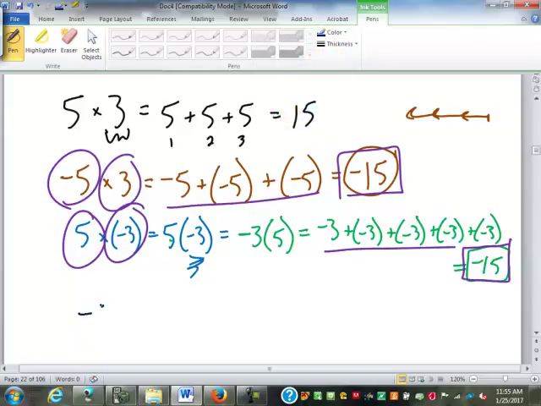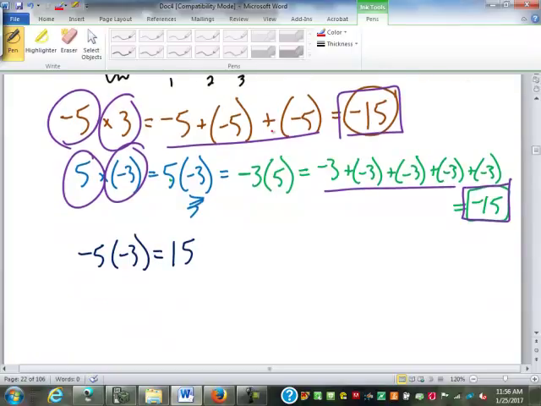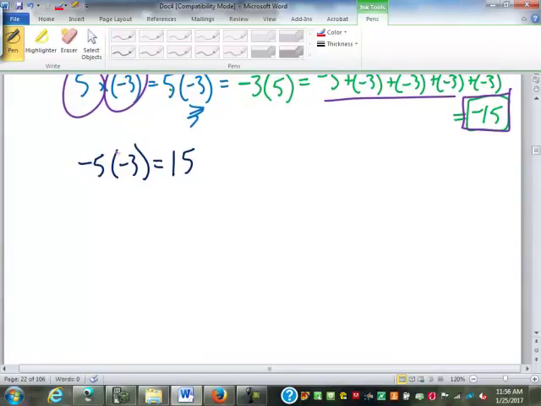We've all also been taught that a negative times another negative has to be a positive. So negative 5 times negative 3 would be positive 15. Why? If we look at our definition of multiplication, I cannot take a negative 5 and add it to itself negative 3 times.